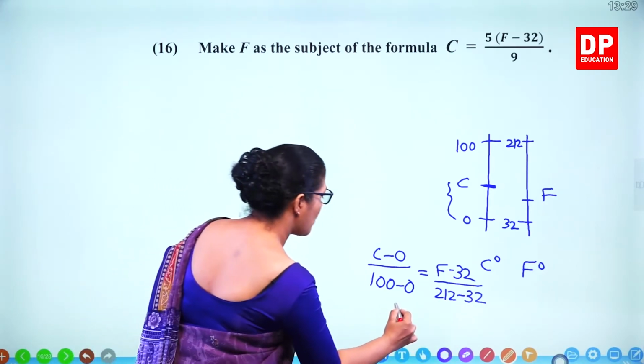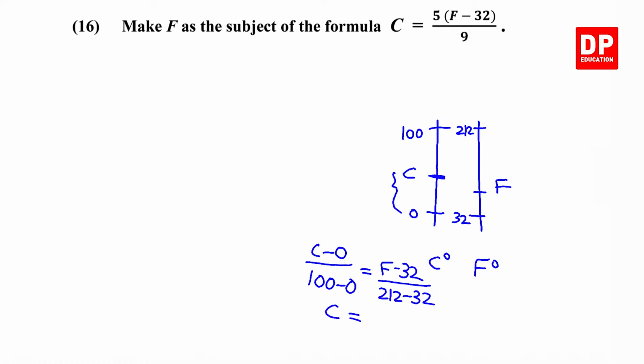So C equals, this is 100, and here F minus 32, what's this value? 0, that's 180. So 0, 0 get cancelled out, divide by 2, 5 and 9. So see, 9 is there, C equals 5 times F minus 32 over 9.